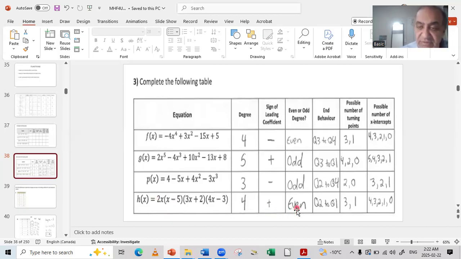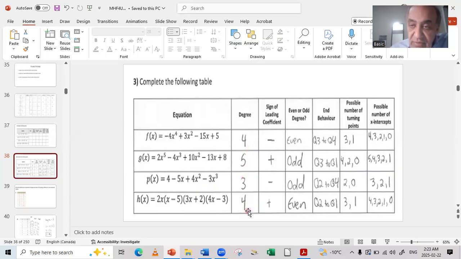So I will move from Q2 to Q1 because it will be on the positive side. And the number of turning points, 4 minus 1 is 3. I will take only the odd numbers, which are 3 or 1. But the intercepts will take all the way down, so the intercepts will be 4, 3, 2, 1, 0.